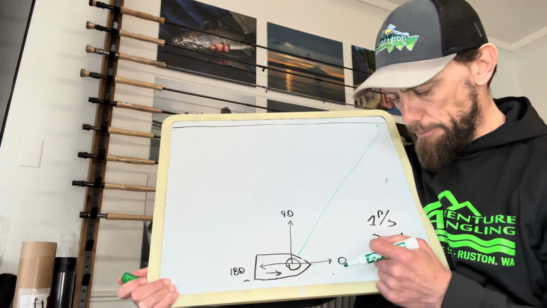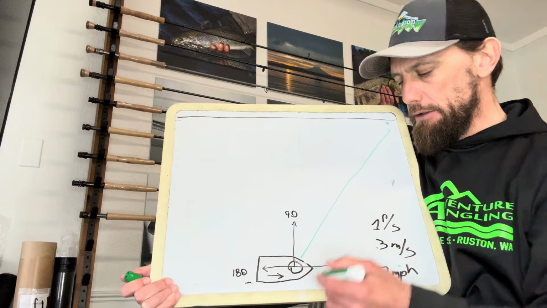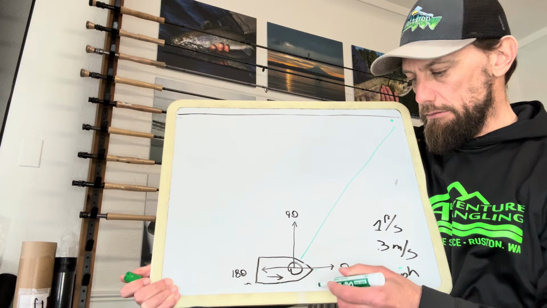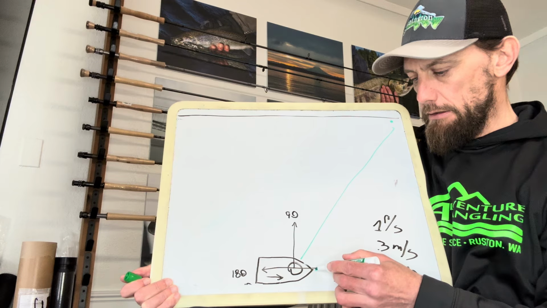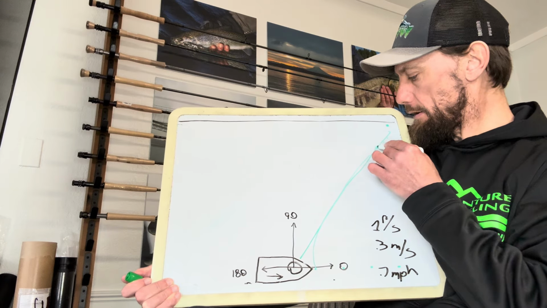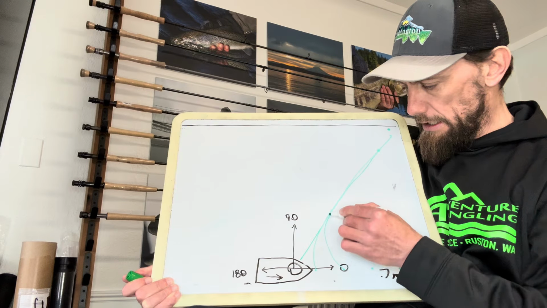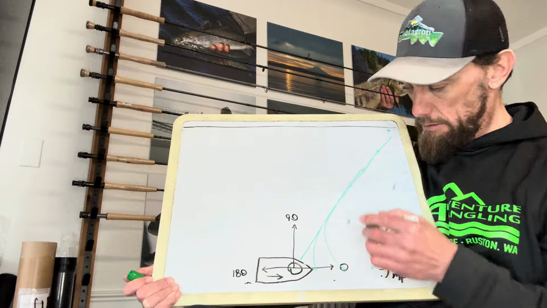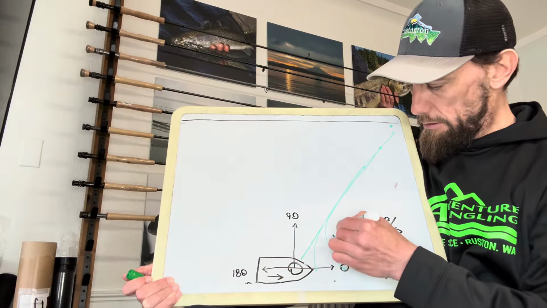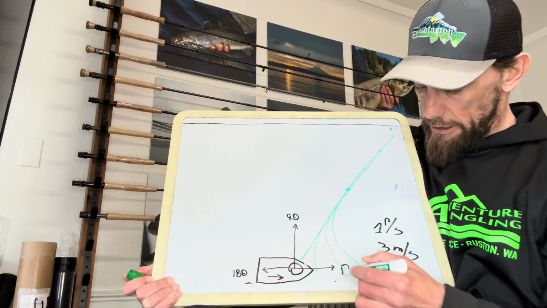Each one of these dots represents 2 seconds further into my cast, or into my retrieve, rather. So my cast immediately, my line straight, good. 2 seconds in, my line's changed shape and the fly's out here. 4 seconds in, my line has this shape and the fly's out here. 6 seconds in, the fly is here.